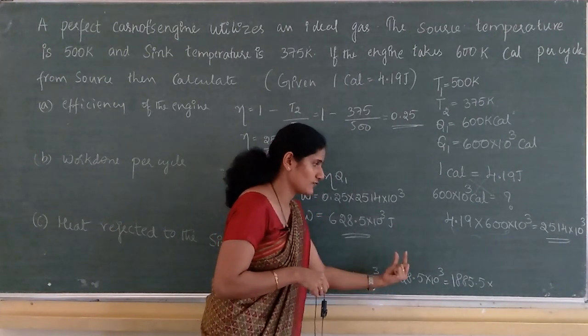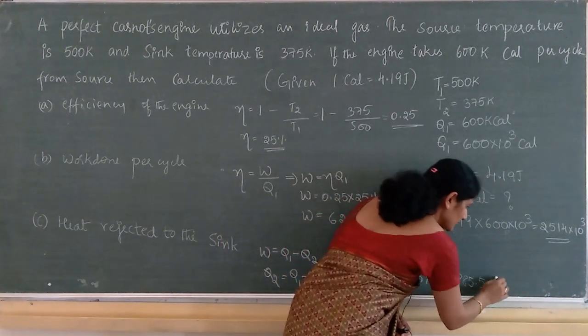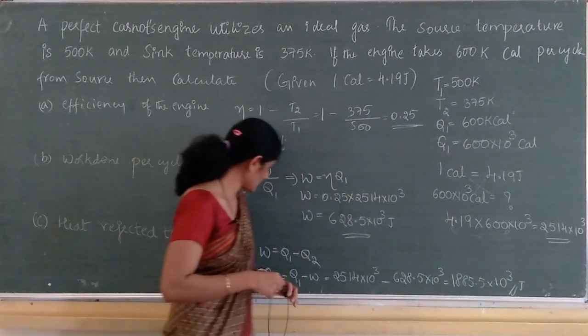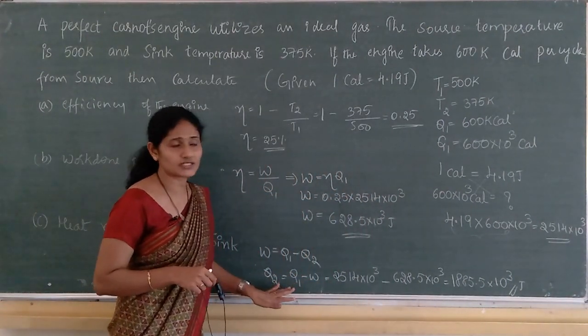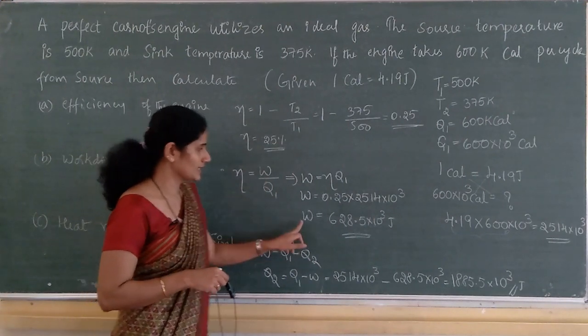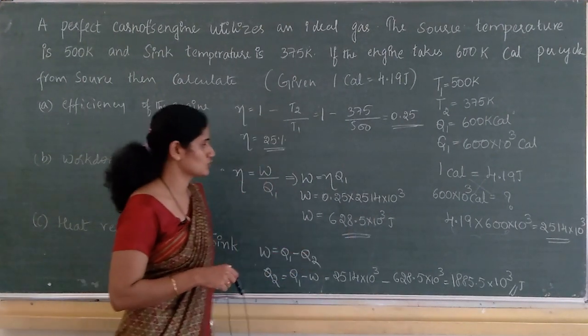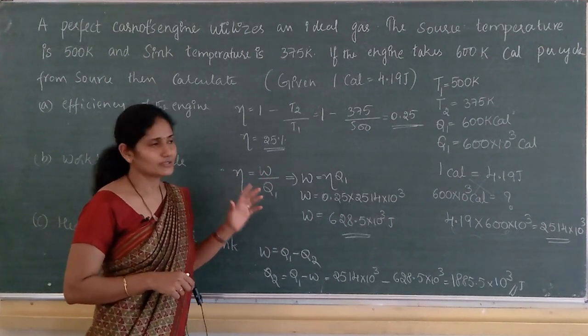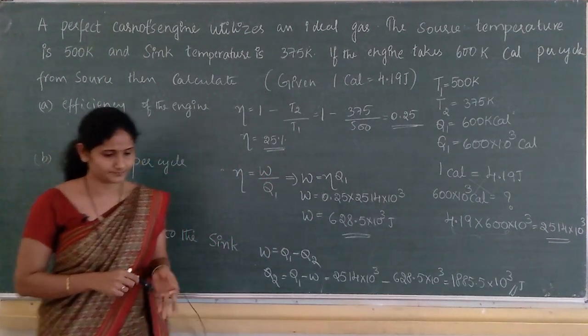So, 1885.5 into 10 to the power 3 joule. So, this much heat is rejected to the sink. Work done during one complete cycle, W is equal to 628.5 into 10 to the power 3 joules and efficiency of the engine is 25%. So, take down.